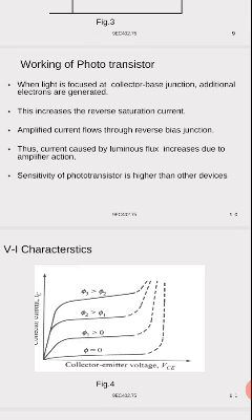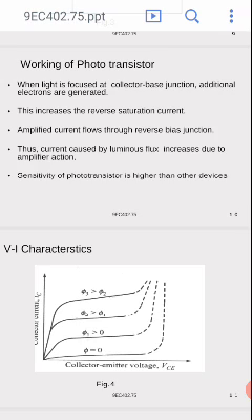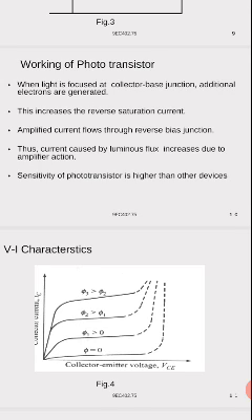It goes on increasing as VCE voltage increases. After some point, the collector current remains constant. And if we increase the flux 2, which is greater than flux 1, the collector current increases further.